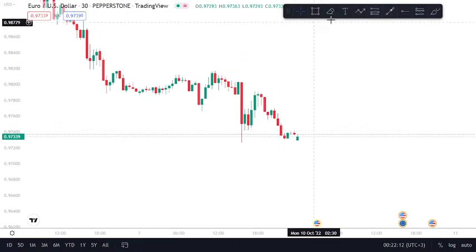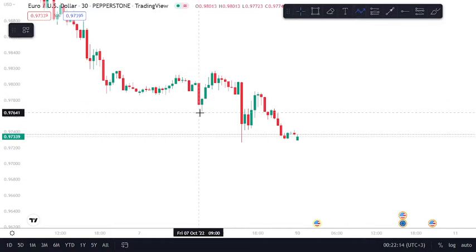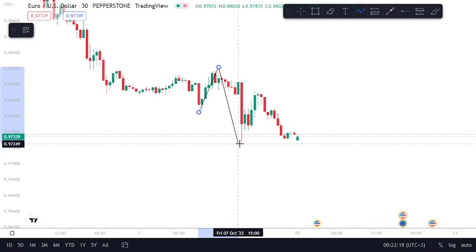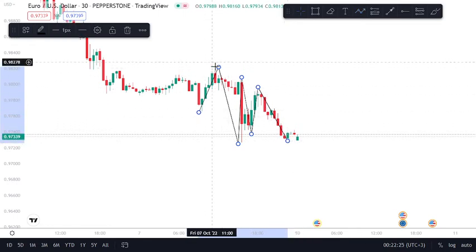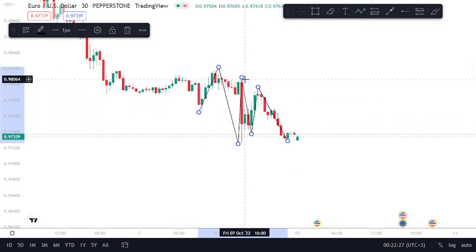So we can see here, from the same concept that we were teaching each other, the market formed a lower low, lower high, lower low, lower high, lower low, lower high, lower low, right? This is something that you can even see from the fractal nature of the market.